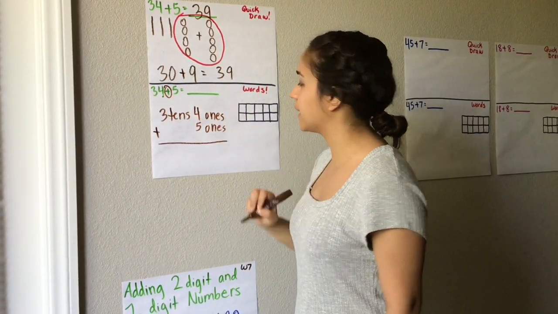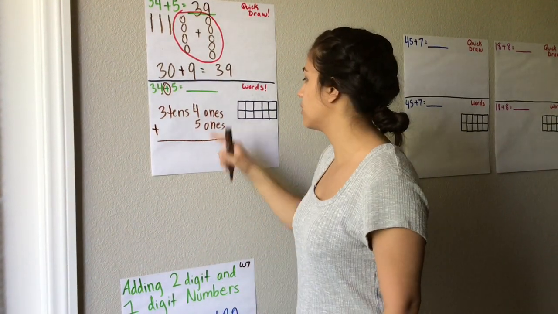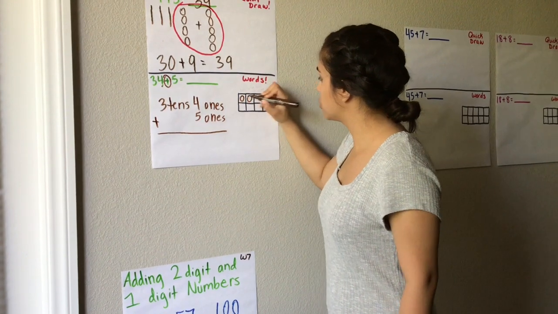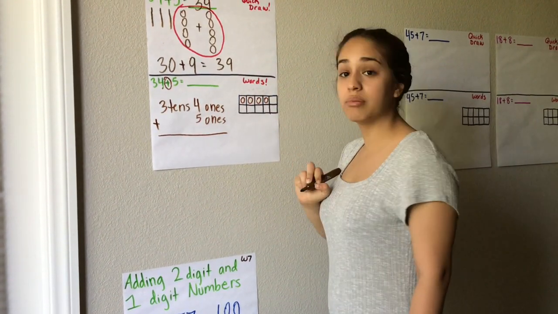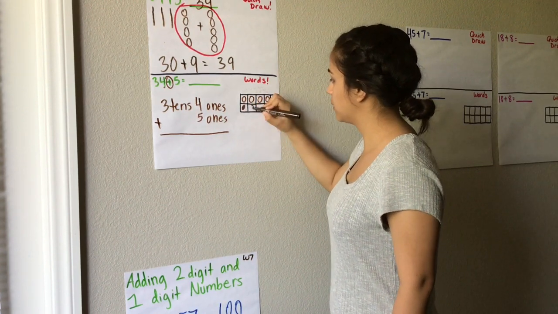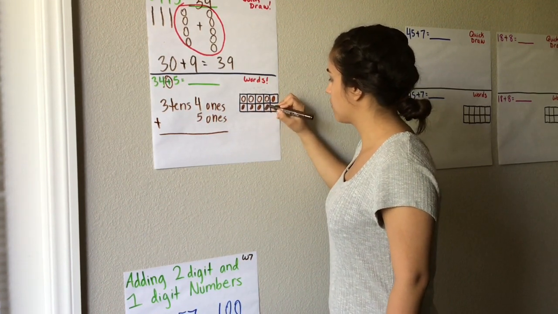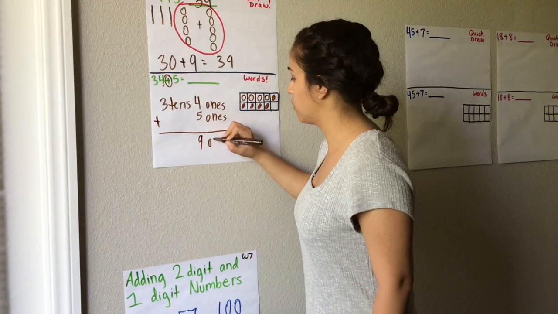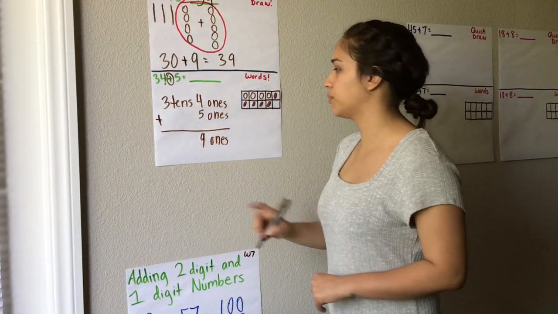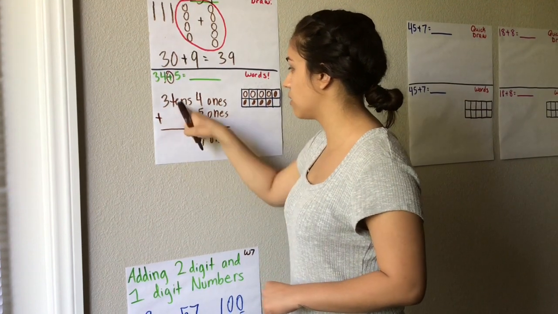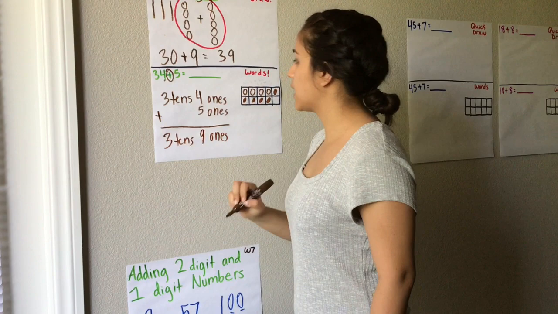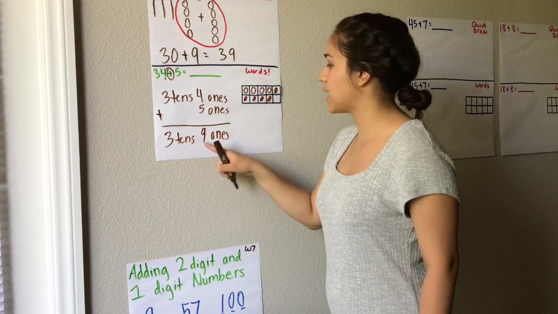Once again, we are adding the tens and the ones together. 4 plus 5, 1, 2, 3, 4, plus 5 more. 1, 2, 3, 4, 5 is 9 ones. It does not fill my 10 frame. I don't need to regroup. Bring the 3 tens all the way down because you have your 3 tens already. 39 is 3 tens and 9 ones.